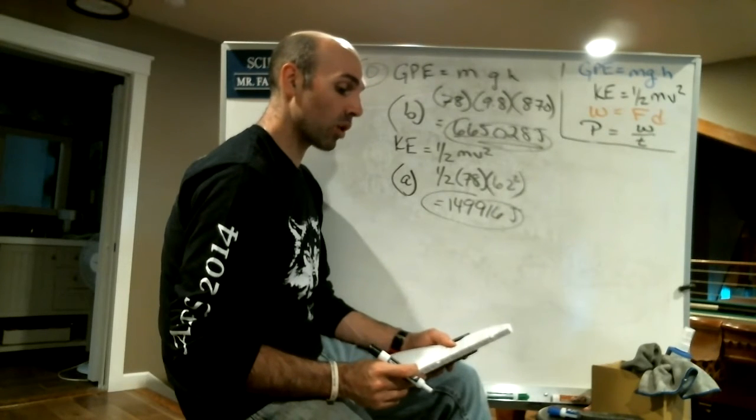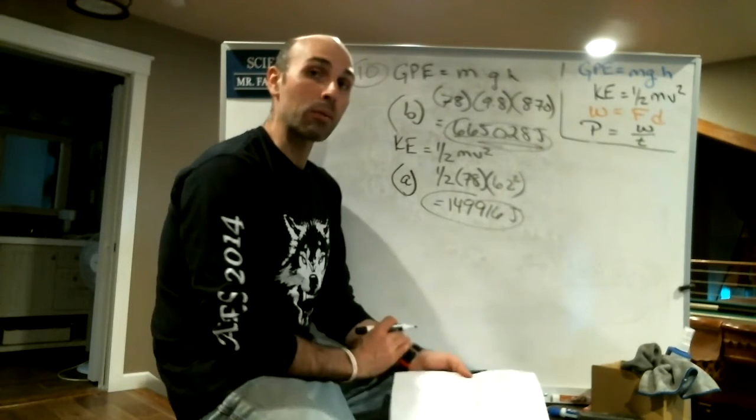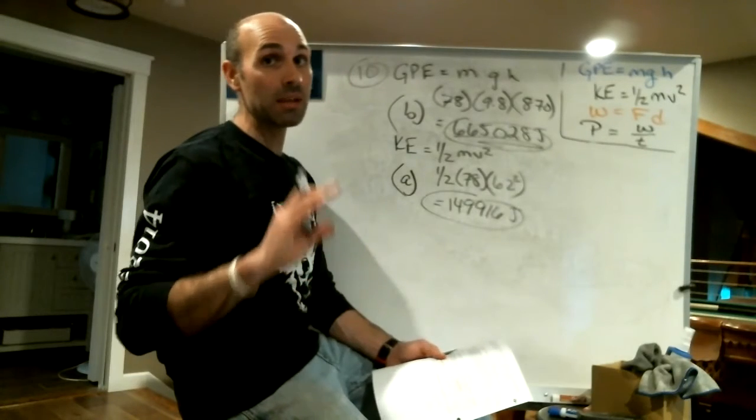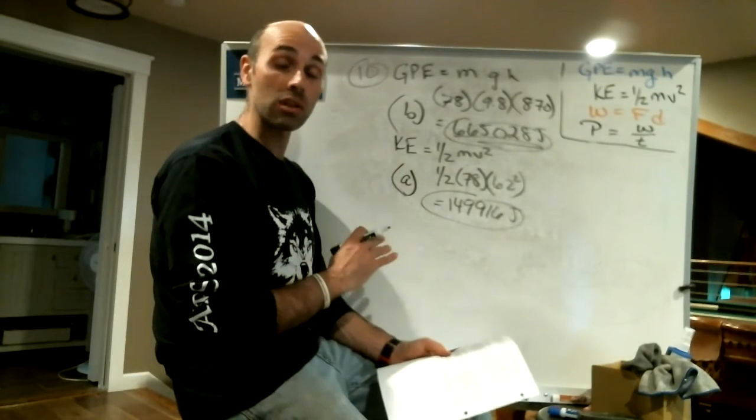C, what is the total mechanical energy? Okay, remember back from our very first notes video, we talked about mechanical energy as being both the kinetic and the potential combined.